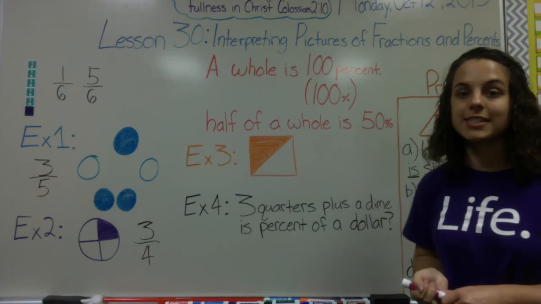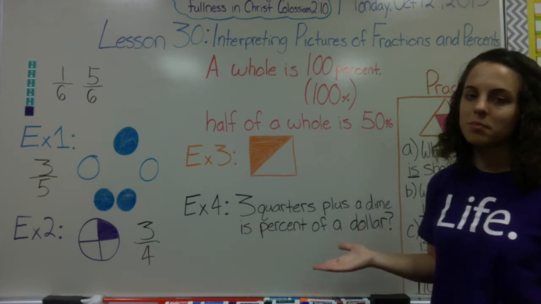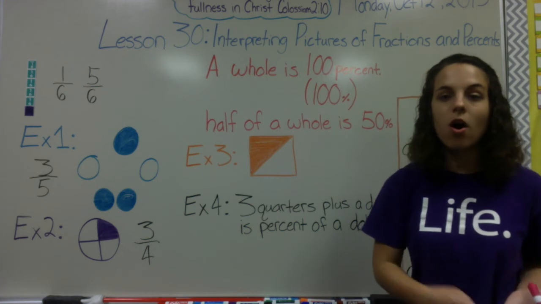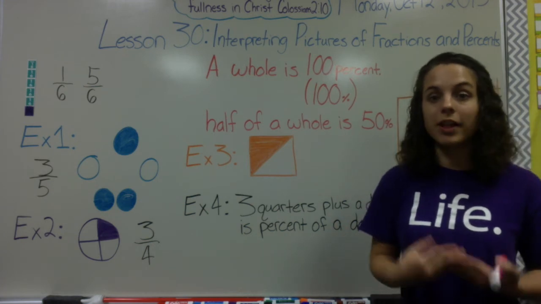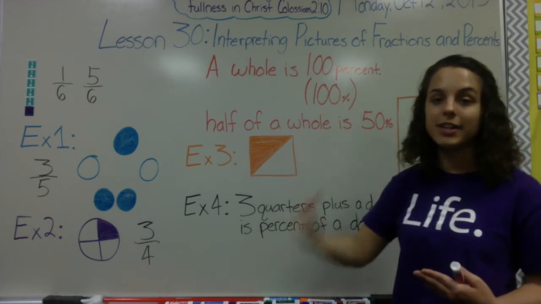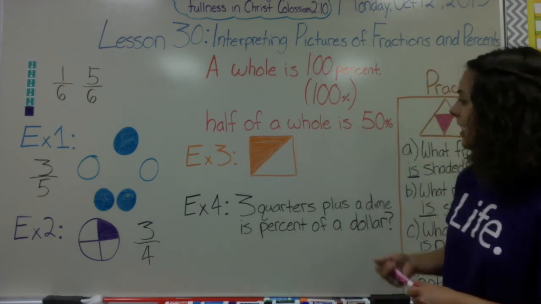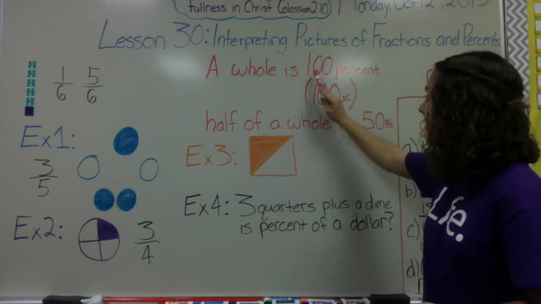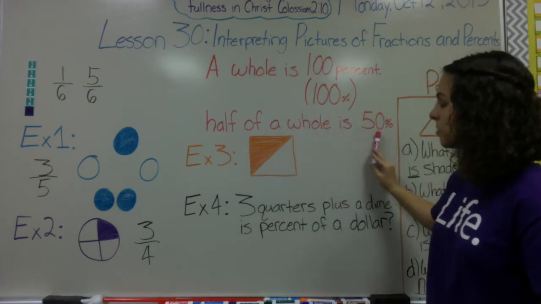That's our percent sign, which a lot of you have seen before, maybe in grocery stores or at the mall or any department store that has a sale going on. You'll see the percentage sign of how much of it is taken off. So half of a whole, if a whole is 100%, half of that would be 50%.